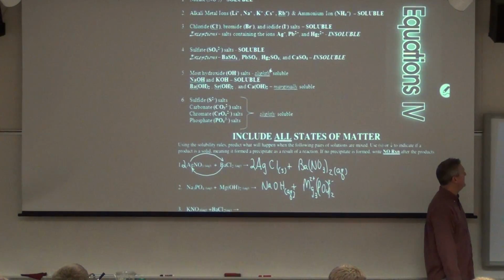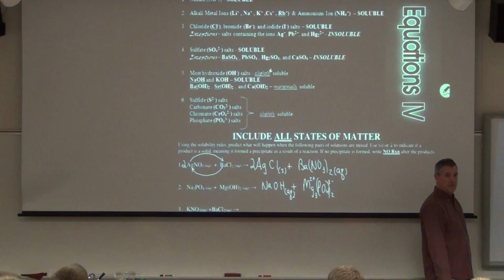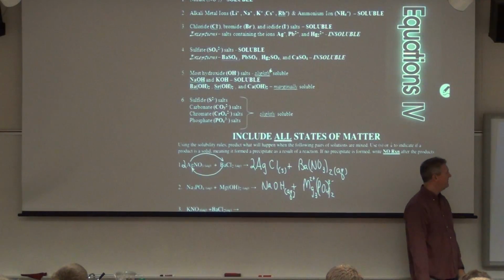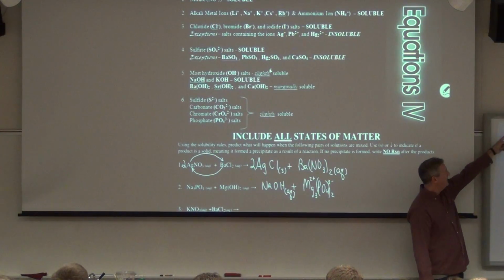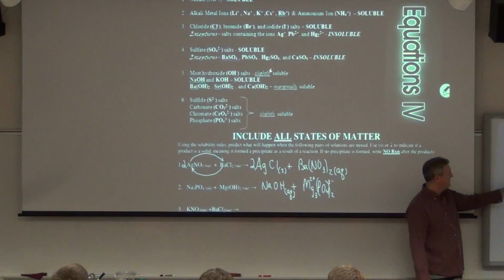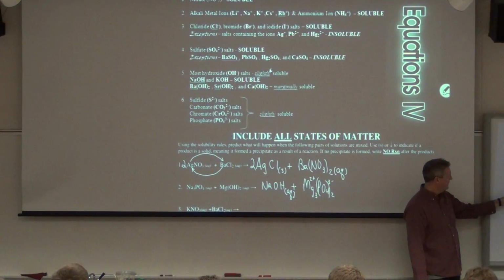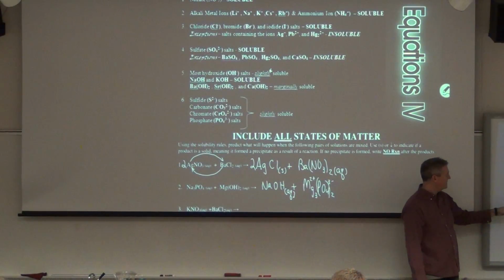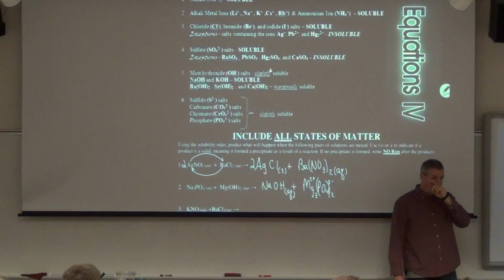Magnesium phosphate. Where is he? Magnesium phosphate, not a nitrate. Magnesium's not an alkali metal. Neither of those are halogens, not sulfates, not hydroxides. Here we go. Rule 6. Sulfites, carbonates, chromates, and phosphates.